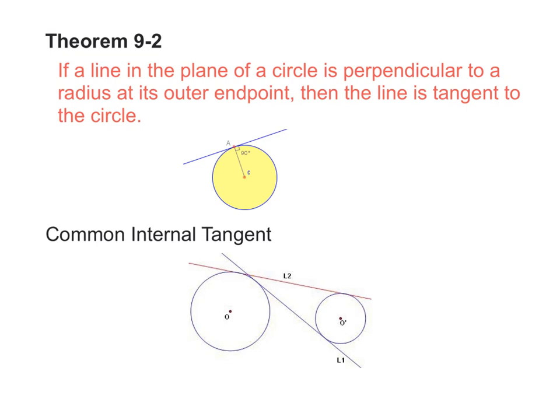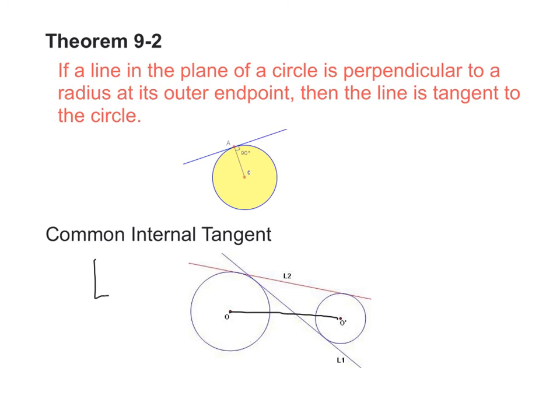Now, a common internal tangent intersects the segment joining the centers. So if we look at our figure here, and if we were to draw a segment from O to O prime, we would see that L1 intersects that. So L1 is a common internal tangent.